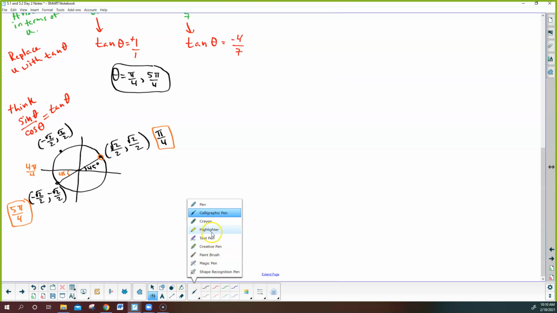So I might highlight those just so those answers pop. We get tangent is positive 1 at pi over 4 and 5 pi over 4.